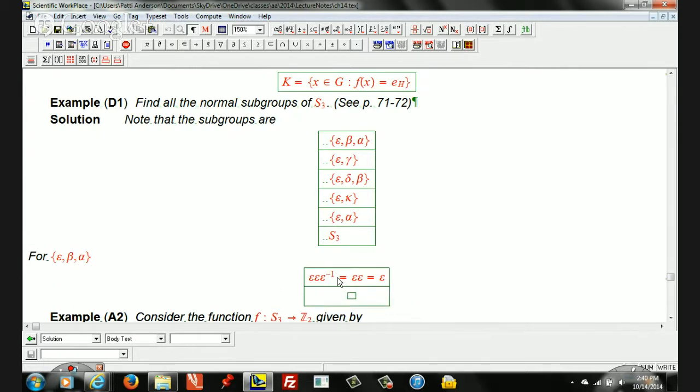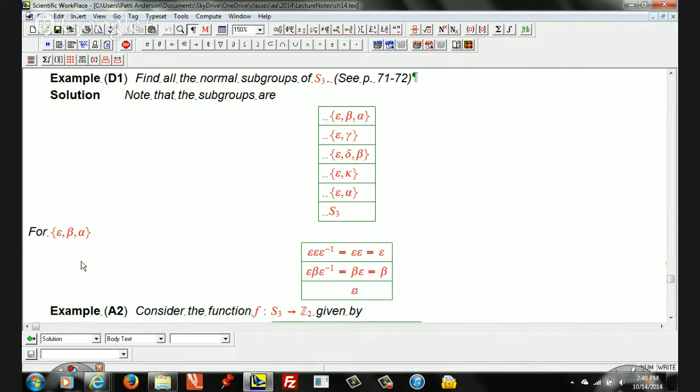I'm working epsilon through all three elements in my group. So then we're going to have epsilon beta epsilon inverse, but this one actually isn't very fascinating. What is epsilon beta? Beta. And epsilon inverse is epsilon, so that's just beta.